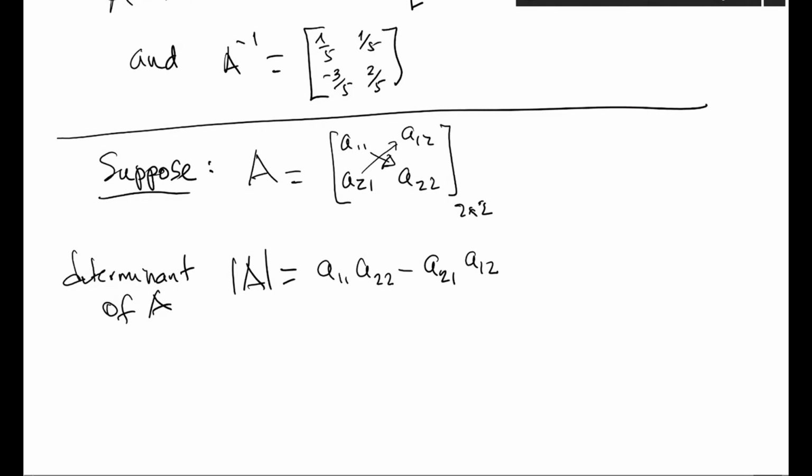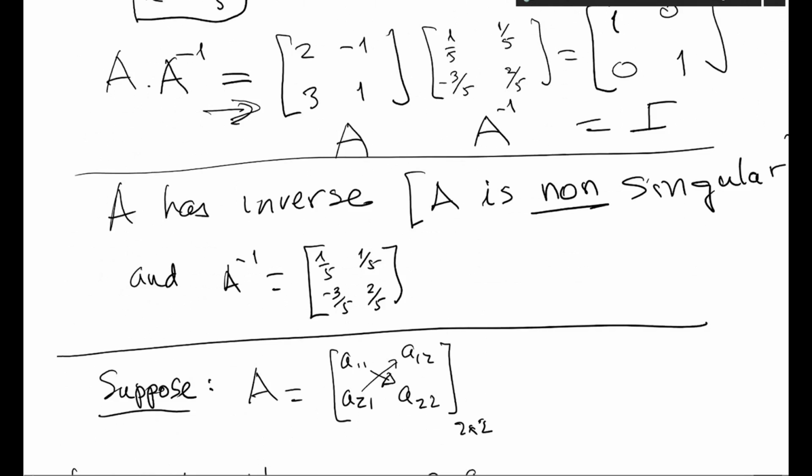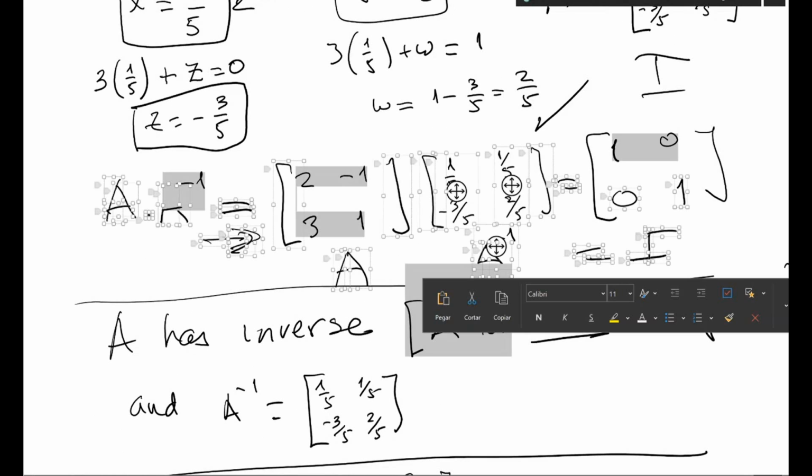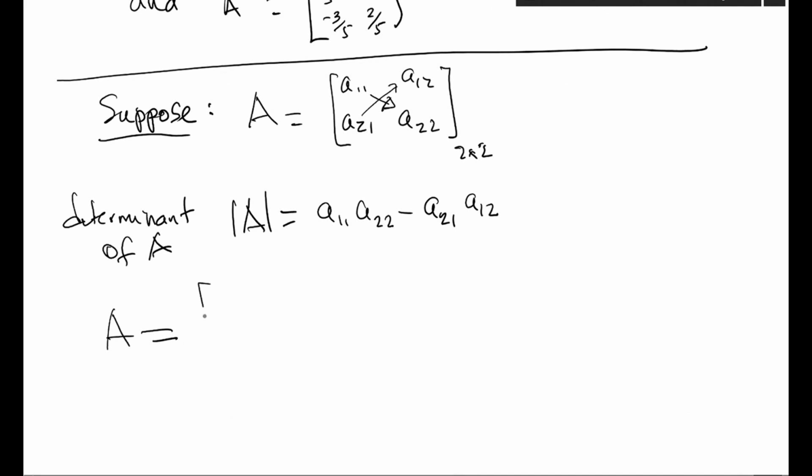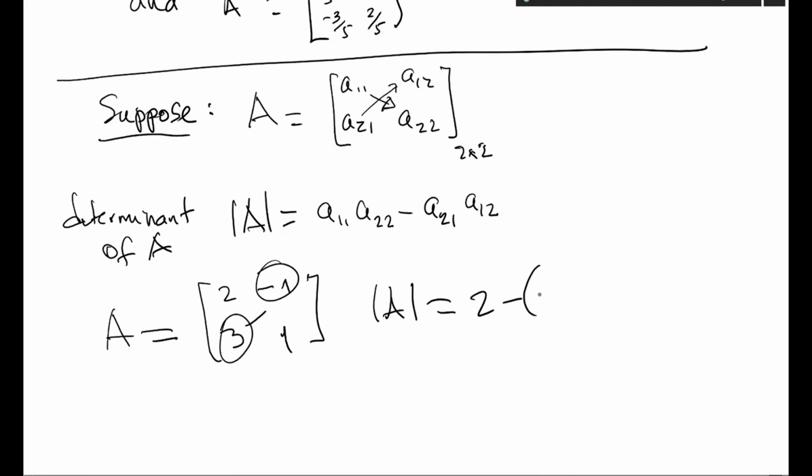In our case, since A was 2, minus 1, 3, 1, we have that the determinant of A is 2 minus the product of those, which has a minus.